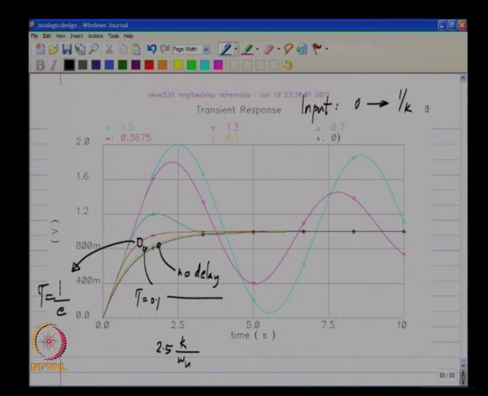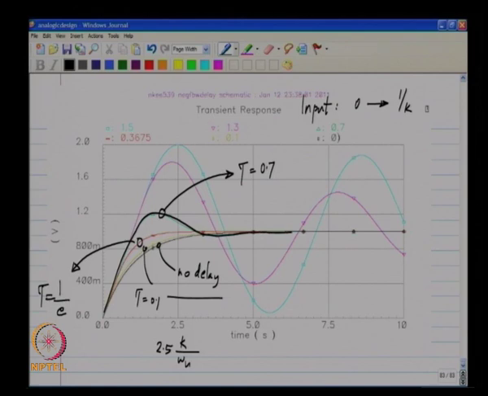This is what we knew all along, and then this is the one for which tau is 1 by E. Okay. This we said is the fastest response we could get without overshooting, and any tau that is larger than this results in an overshoot, as exemplified by the green curve. Okay. So, this is for tau equals 0.7, the output goes up and then comes down below 1 and then settles.